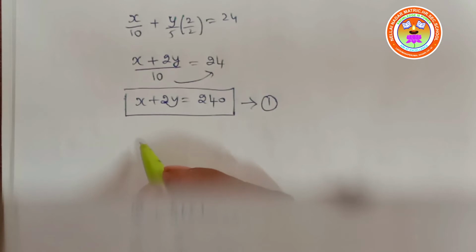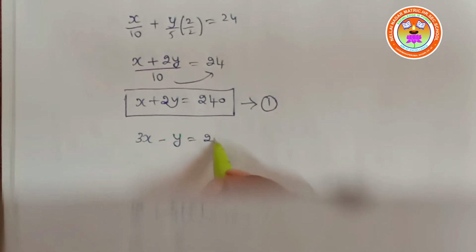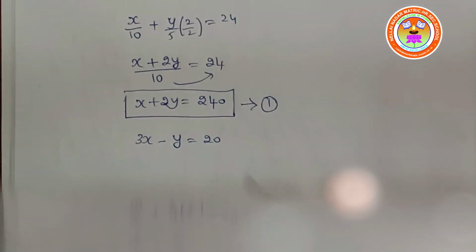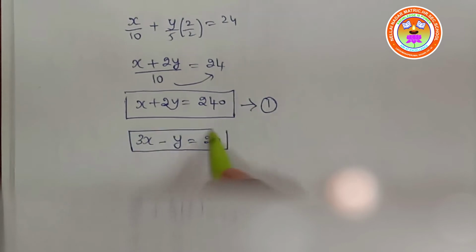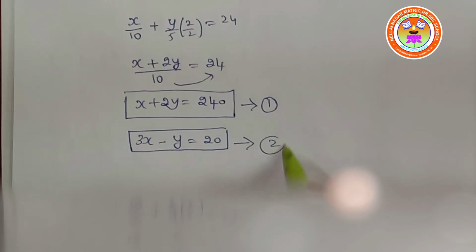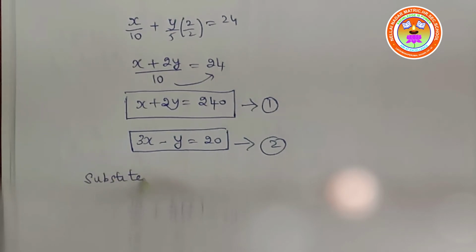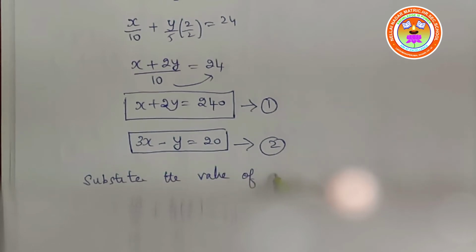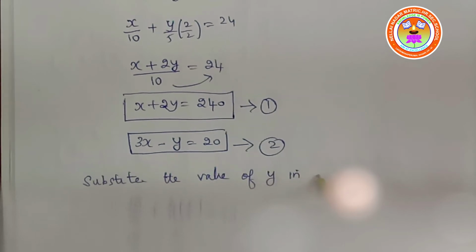You consider this as equation number 1. And another given equation is 3x minus y is equal to 20. You consider this as equation number 2. Now substitute the value of y in 1.